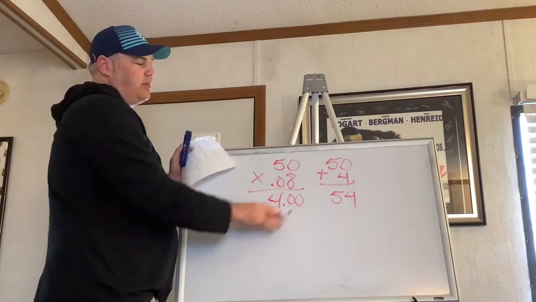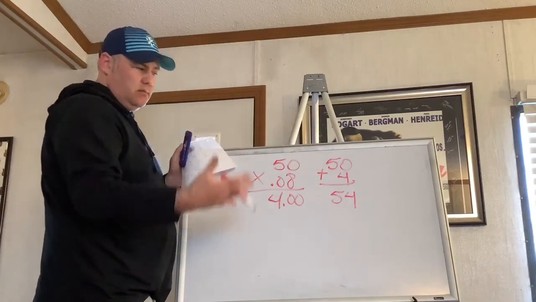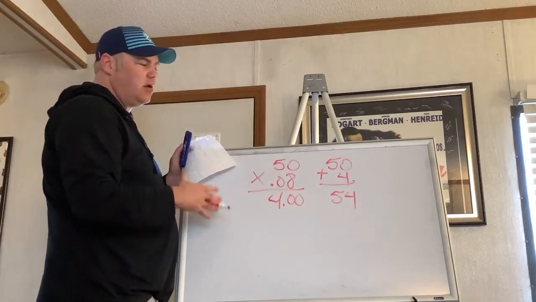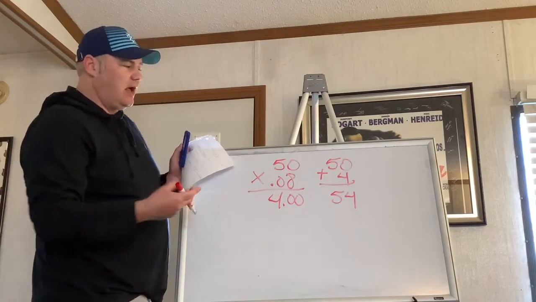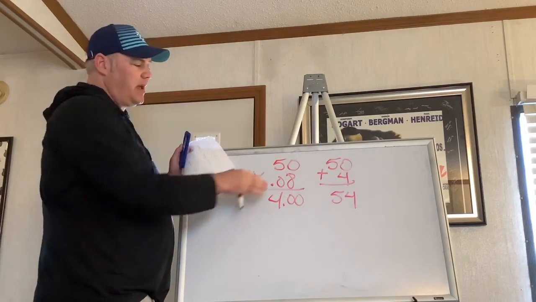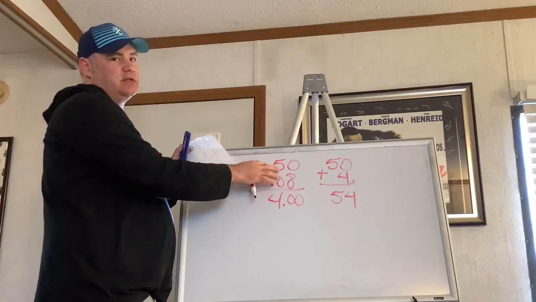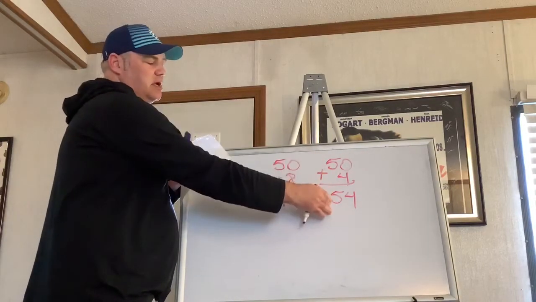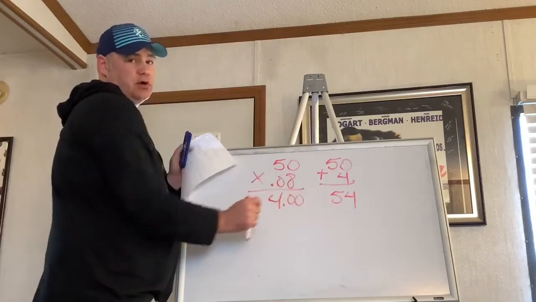Remember, you got to progressively build new totals because you pay your tax first in these problems. Now you don't have to do that in real life. You could tip off the original, like we talked about. Some people from Oregon don't pay sales tax, so they tip off of this. But for these problems, you're going to want to do your tax first, then find your tip off of that new total.